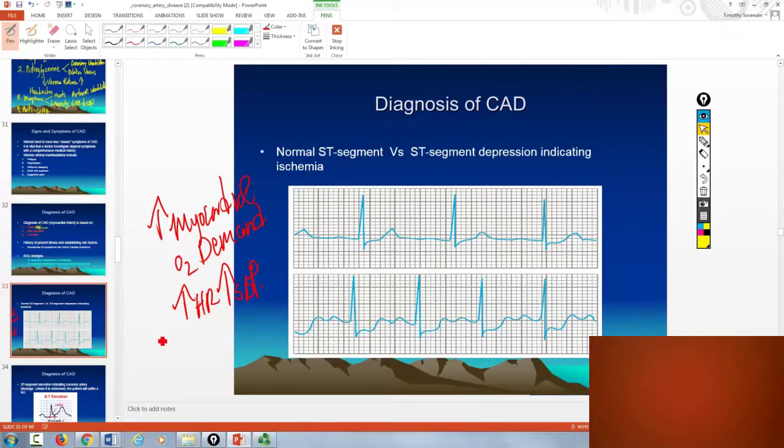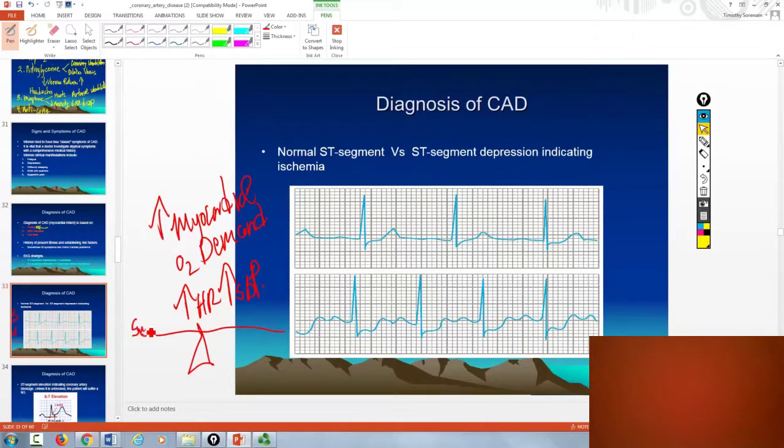So when coronary artery supply meets coronary artery demand, then you're straight, right? Things are good.